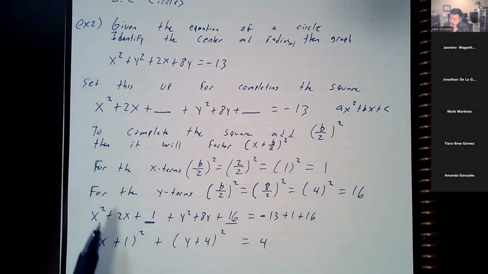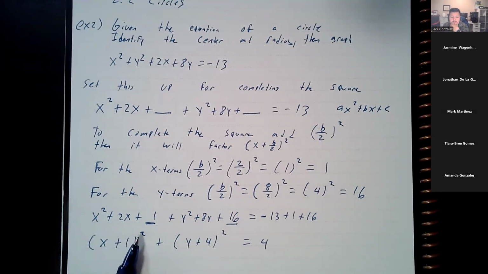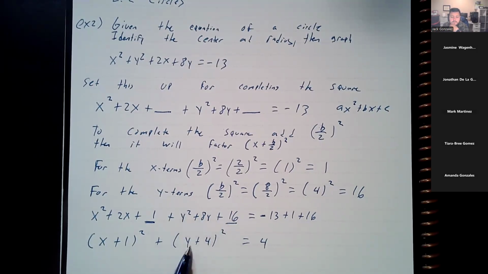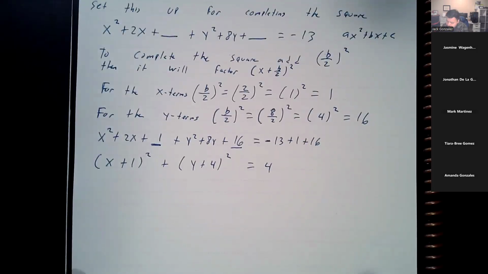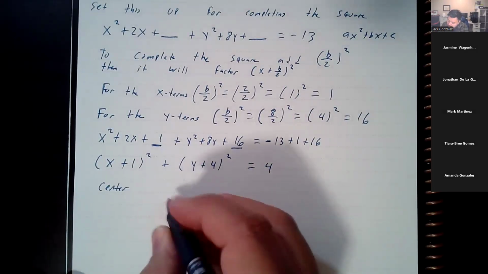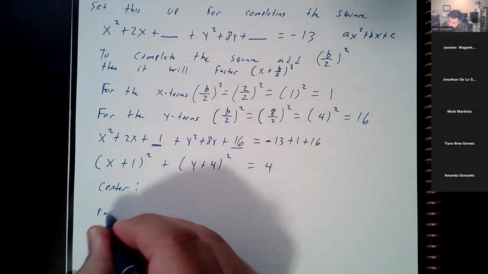So once you complete the square, it's going to factor perfectly like this. That's why we call it square. Square is completed, so it factors like a square binomial. Add all your numbers, we get a 4. So now that it's in this form, what is the center? What is the radius?